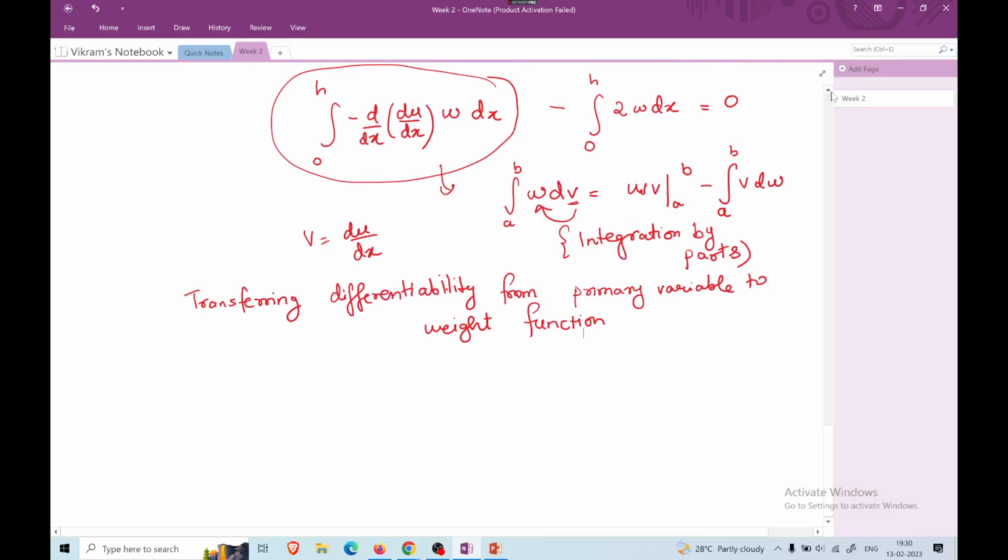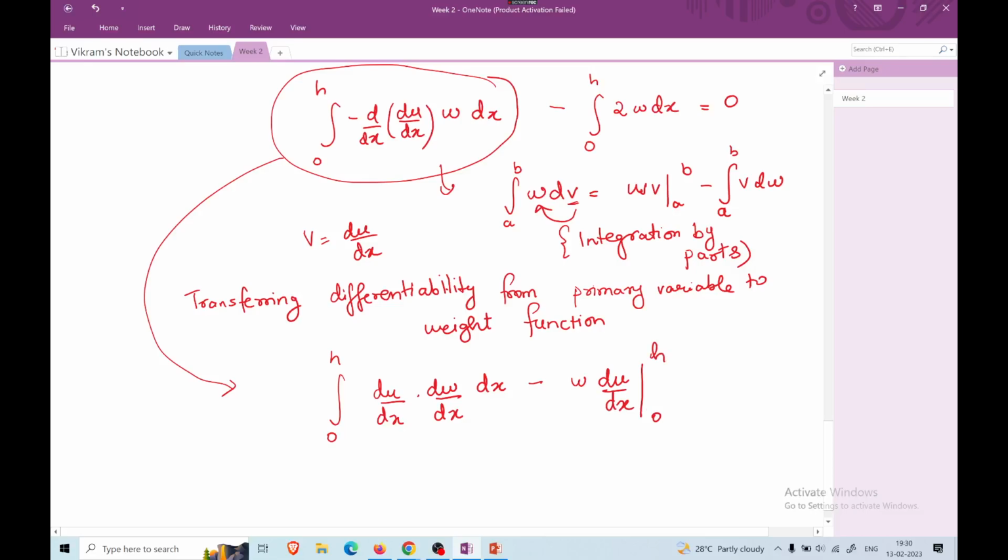If I take this, it will become integral 0 to h of du by dx into dw by dx dx, minus w du by dx from 0 to h, minus integral 0 to h of 2 w dx, equal to 0.